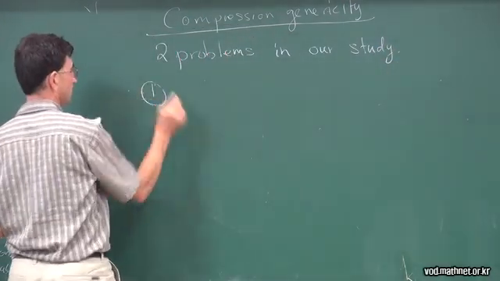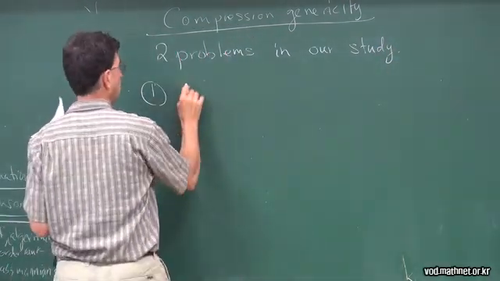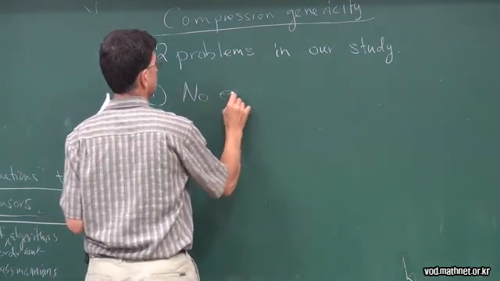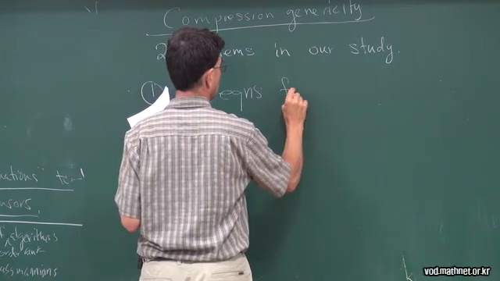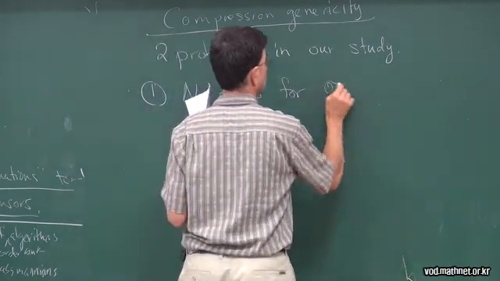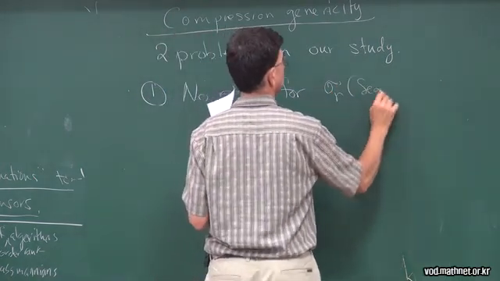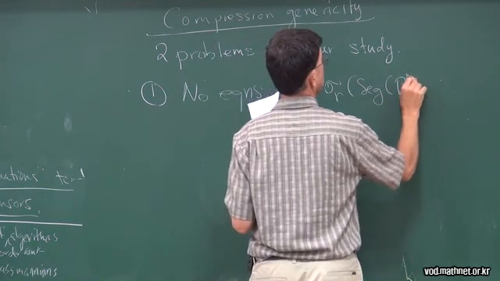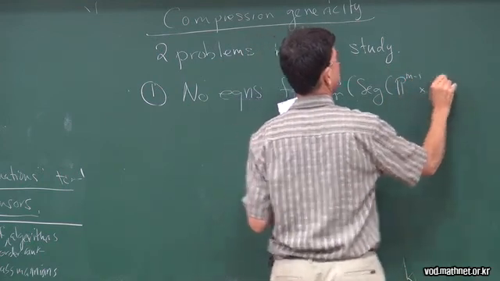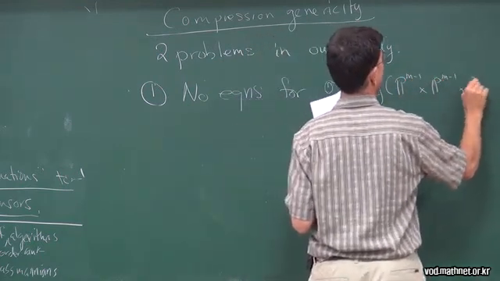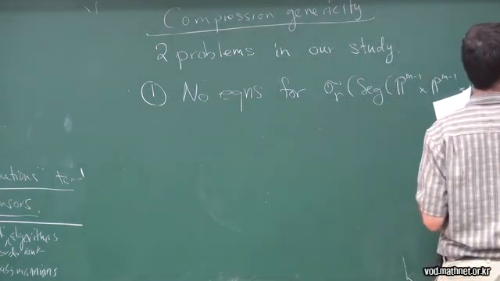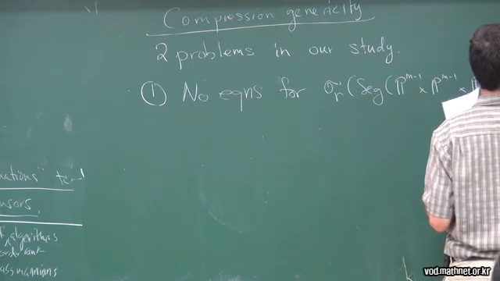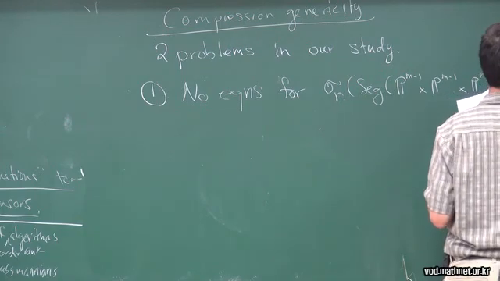One we just saw this morning, so I'll remind you, is that there are no equations for sigma r of the Segre P^(m-1) cross P^(m-1) cross P^(m-1) for r greater than 2m minus 1, or 2m minus 2 maybe.